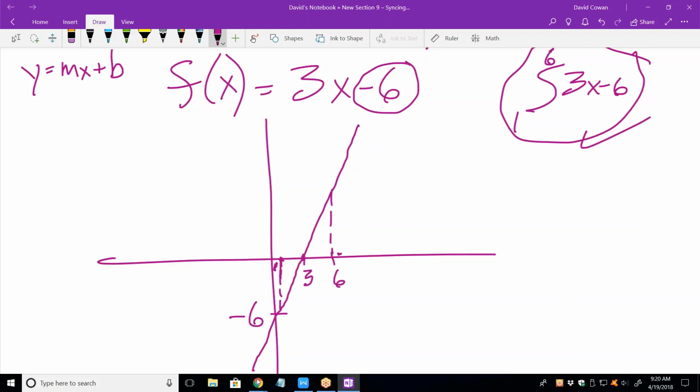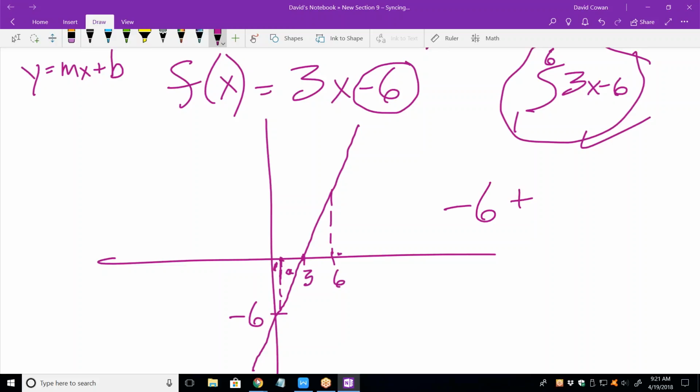We know that's 3. So the area of triangle A is what? Is it just 6? Uh-huh. Is it positive or negative? Negative. Correct.